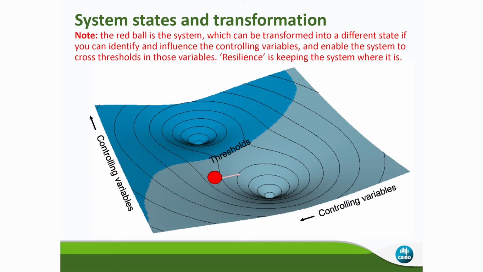When you look at this, the red ball is the system. It can be transferred into a different state if you identify and influence the controlling variables. The controlling variables are the things that are the indirect and the direct causes of whatever your issue is.